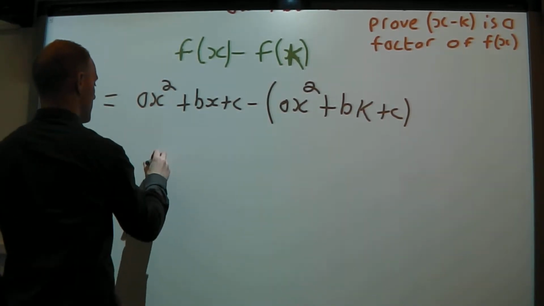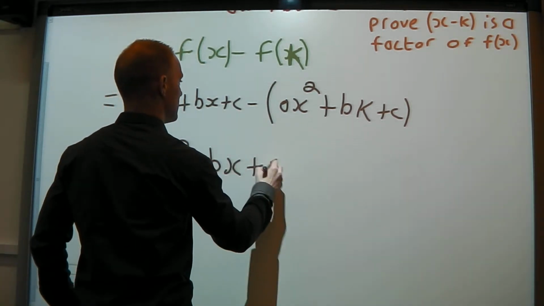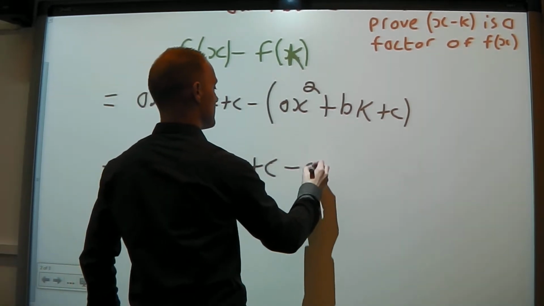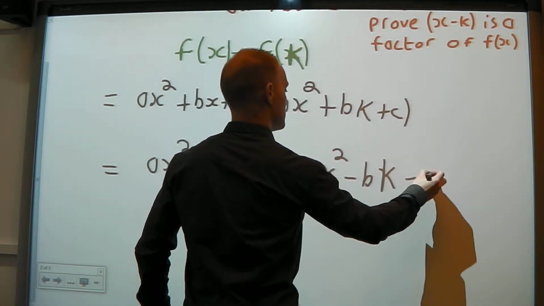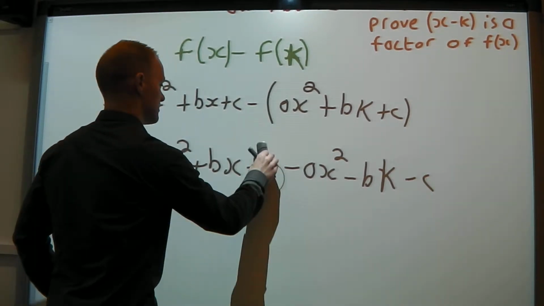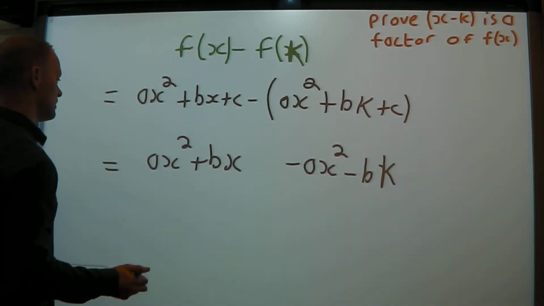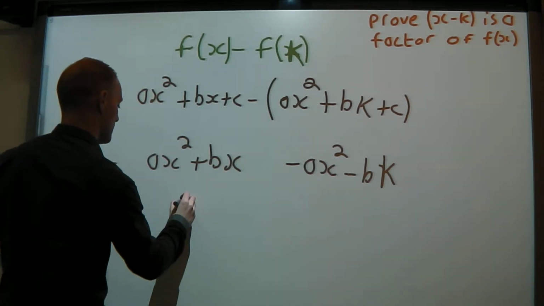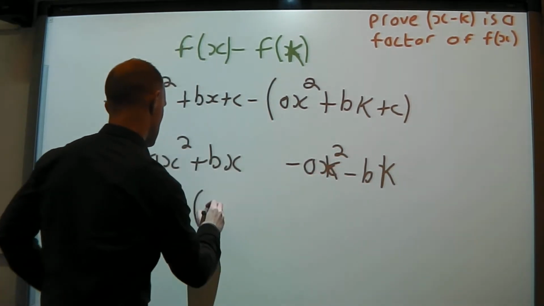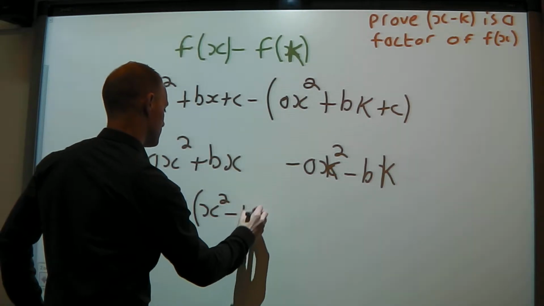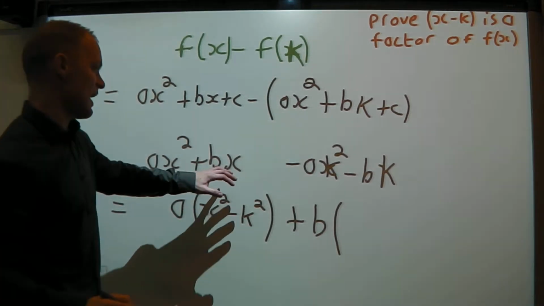It's equal to ax squared plus bx plus c minus ak squared minus bk minus c. Now as you can see, the minus c and the plus c will just equal 0, so we're going to get rid of that. Now we're going to factorize: the a is equal to a into x squared minus k squared, and plus b into x minus k.